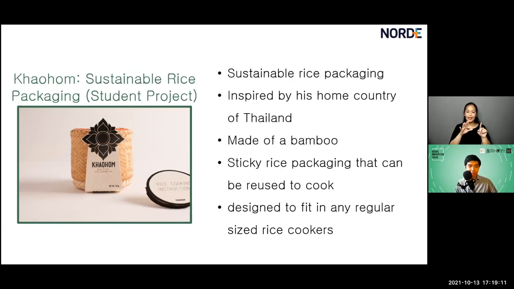So what they've done is the rice can be bought in this bamboo basket. And this basket actually doubles as a serving container that you can cook in. So how it works is you cook the rice in your rice cooker, but you actually cook it inside the bamboo basket. And the reason it works this way is it's actually a practice that they have in Thailand.